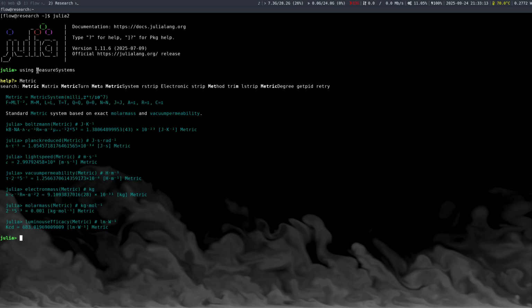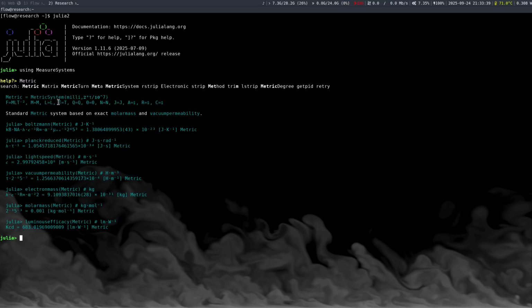But I don't necessarily recommend using MeasureSystems with these measurement uncertainties in all applications. That's why there are 3 different packages available, depending on how simple you want the calculations to be.